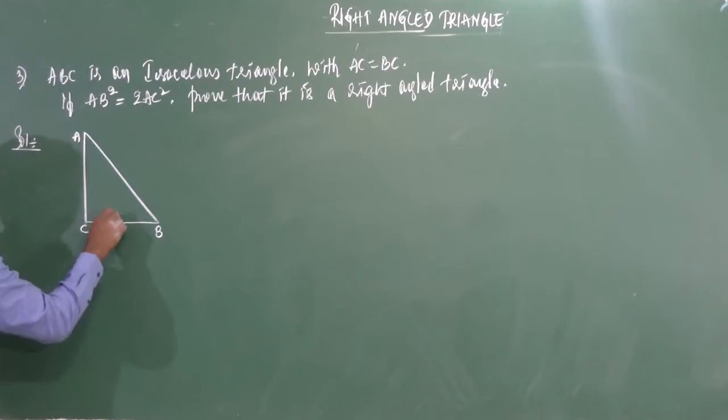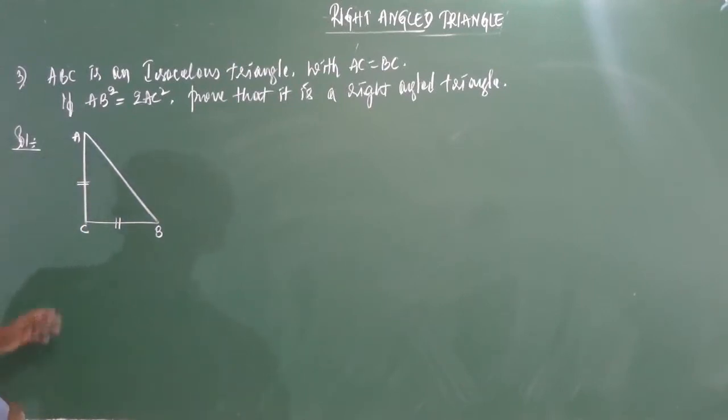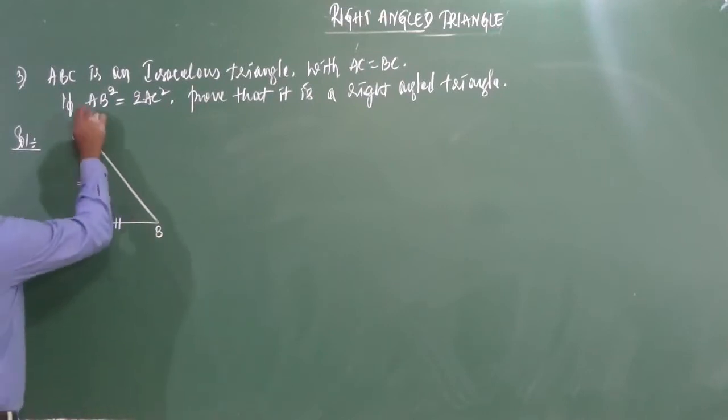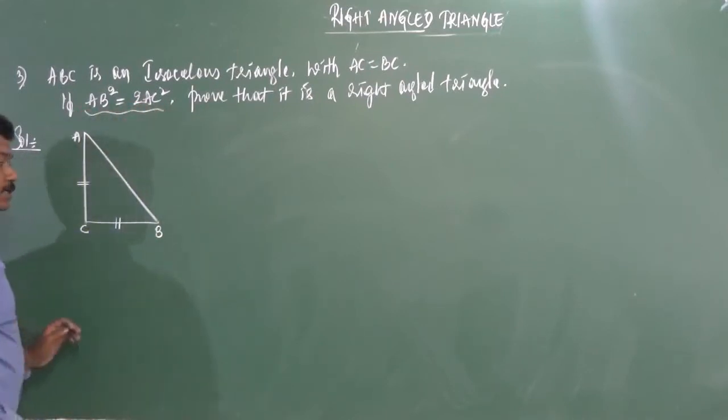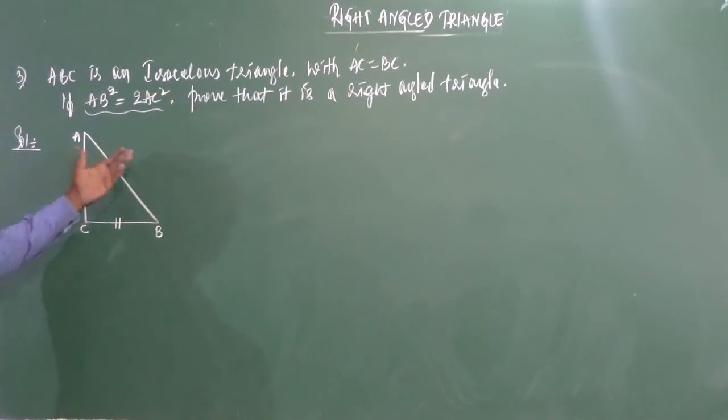So this BC has become equal to AC, right? AB square is equal to 2AC square, it's the result of the previous problem. Just now we have proved this. So we'll go in the reverse order of that. Previous problem is done in the reverse order.